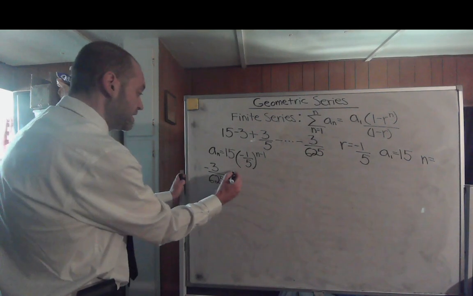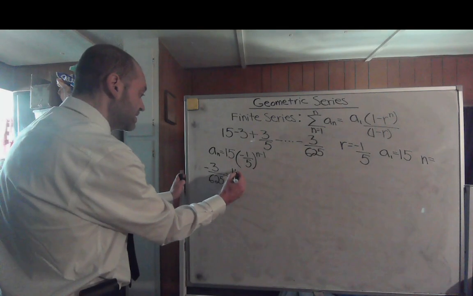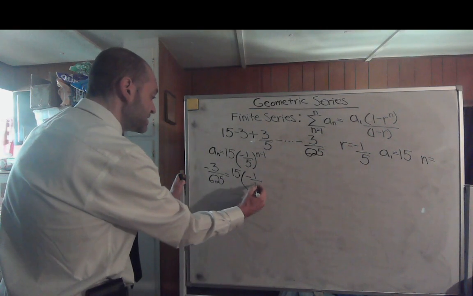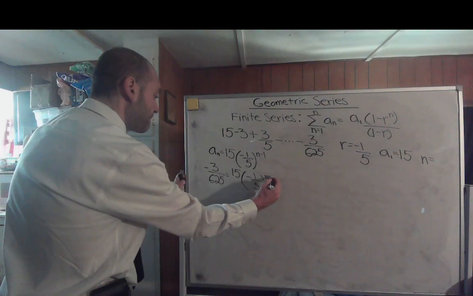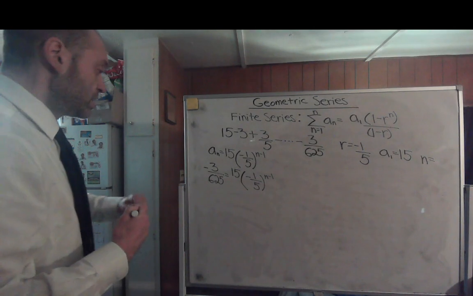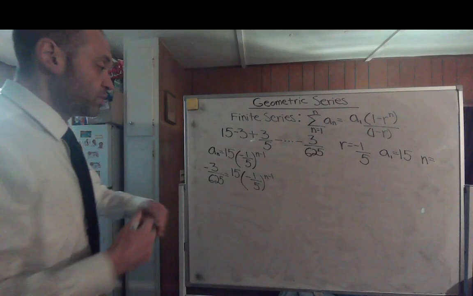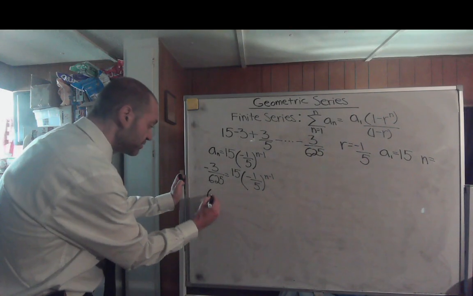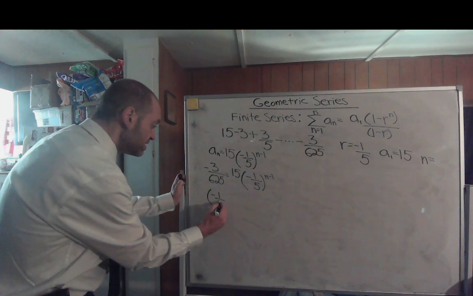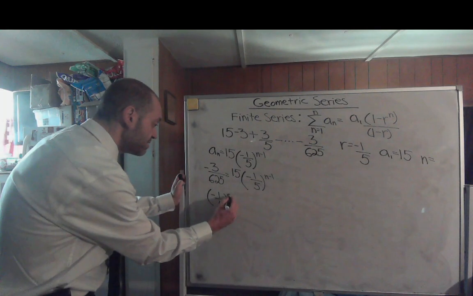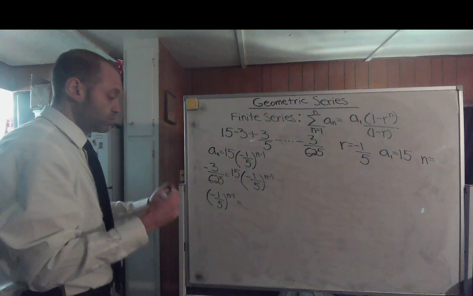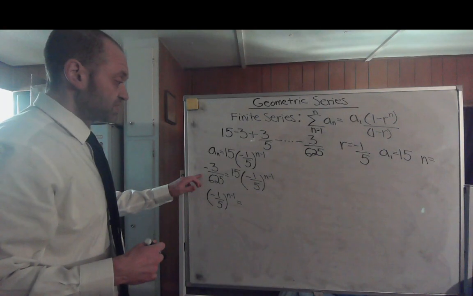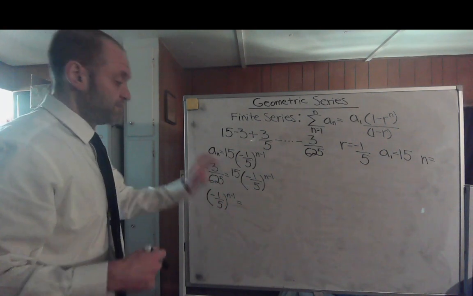That's going to end up equaling 15 times -1/5 to the n minus 1 power. Alright, well, let's get that -1/5 to the n minus 1 power by itself, which means we have to divide both sides by 15. So -1/5 to the n minus 1 is going to equal -3/625 divided by 15.